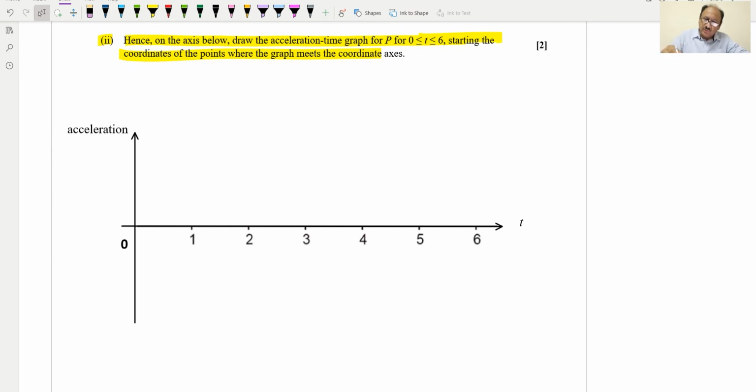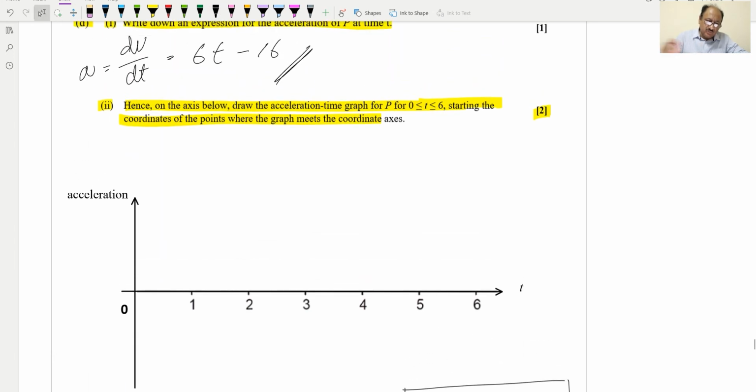So this is also a 2 mark question, and what we can do, we can again form the table of values, or we can directly draw the equation also basically. So this is the equation, we got this one. So 6t minus 16 is equal to 0.